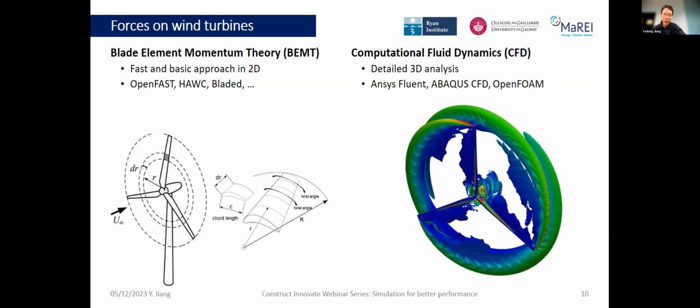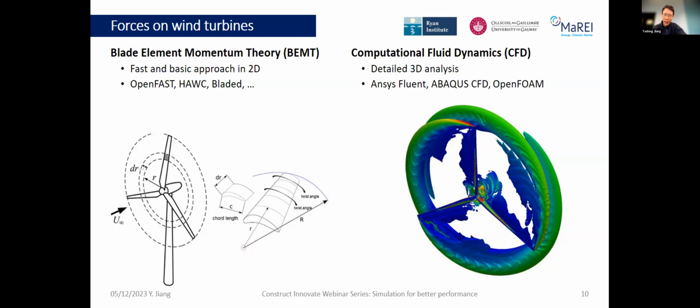And besides that, you also have computational fluid dynamics, or CFD, to analyze the forces on the turbine. It is a very detailed three-dimensional analysis compared to the blade element momentum theory. And of course, it's very computationally expensive, but it's more accurate.